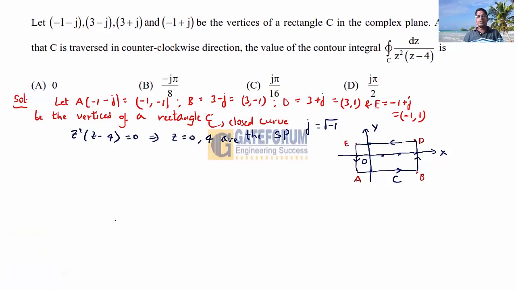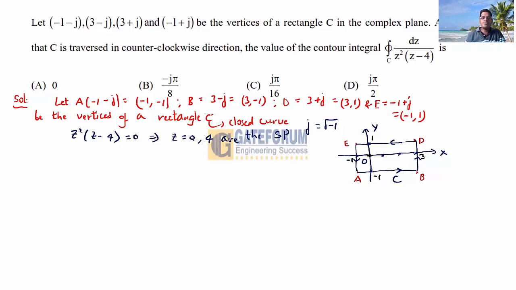I will denote the singular points by black color dots. This one is 0, and the other one is 4. So this is maximum 3, and this is 1, this is minus 1. So 4 is beyond the curve; that is, 4 lies outside the curve.